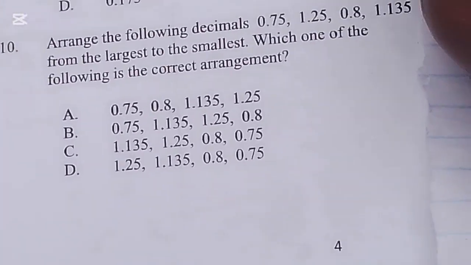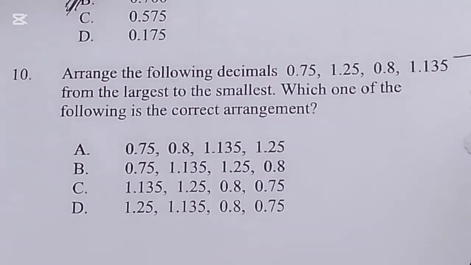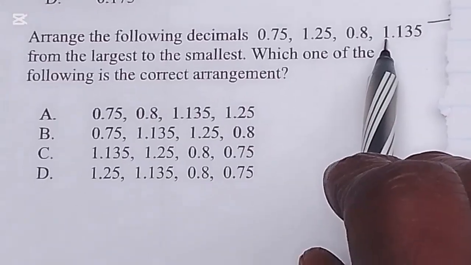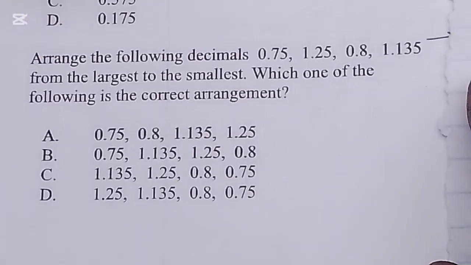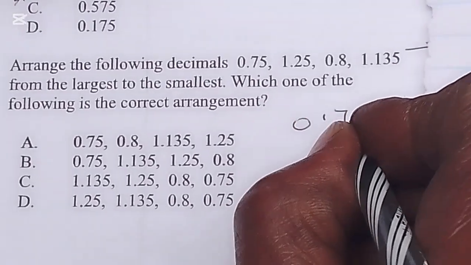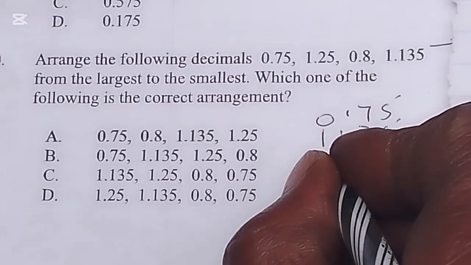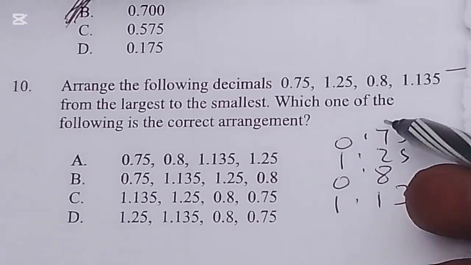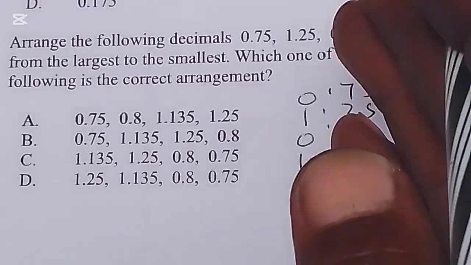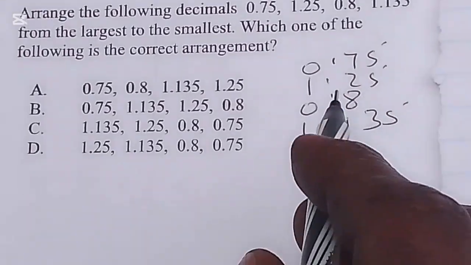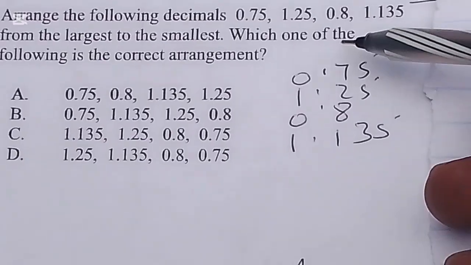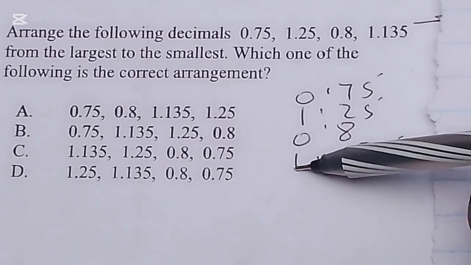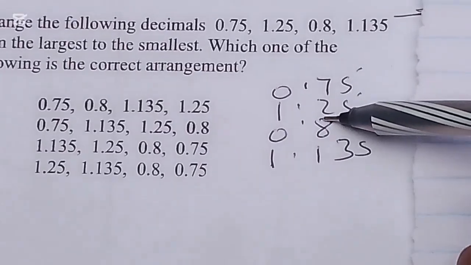Number 10. Arrange the following decimals, that is 0.75, 1.25, 0.8, and 1.135 from the largest to the smallest. We have the whole numbers and then the decimal numbers. The largest here, because already we have 1 in the ones place value, we go to the tenths.